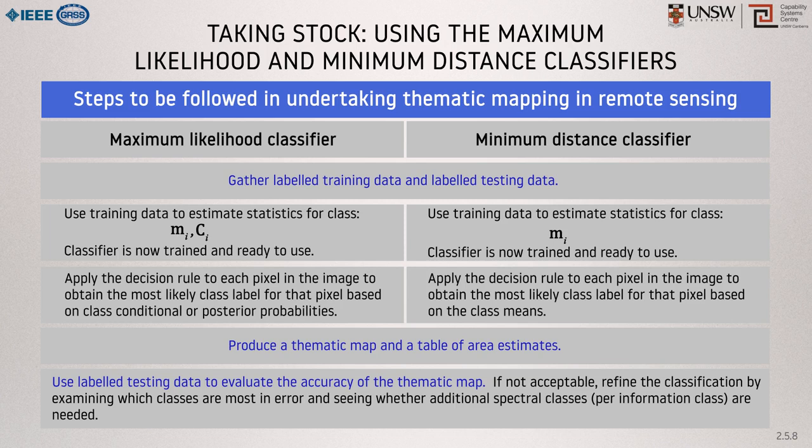If class conditional probabilities are used with the maximum likelihood method, there is an assumption that prior probabilities are available. Again, the software looks after that step, provided the user can assign values to the priors. Note particularly the last step. Rarely, in a real classification task, will the accuracy on all classes be acceptable the first time around.